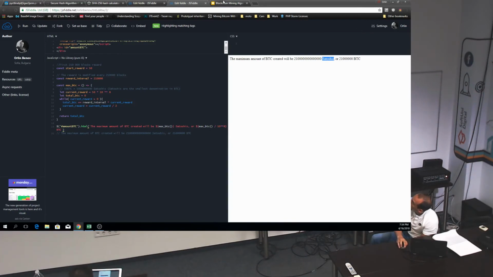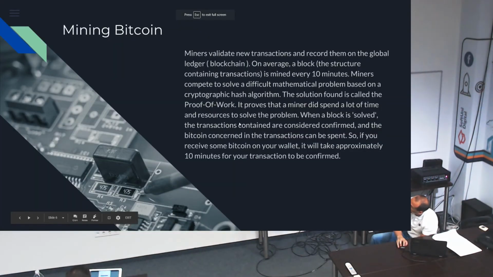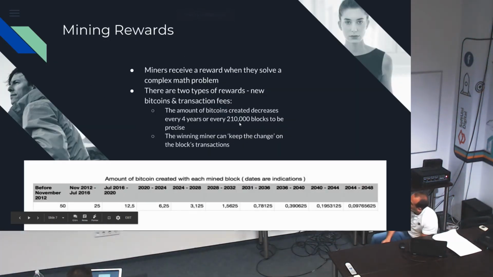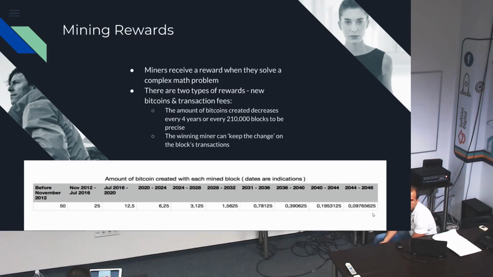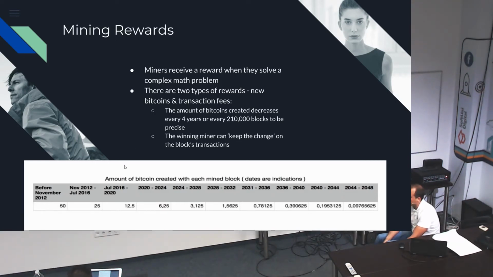Here, you could see the awards that is going to be given for validating a block over time. Right now we have like 12.5 bitcoins as an award for validating a block.